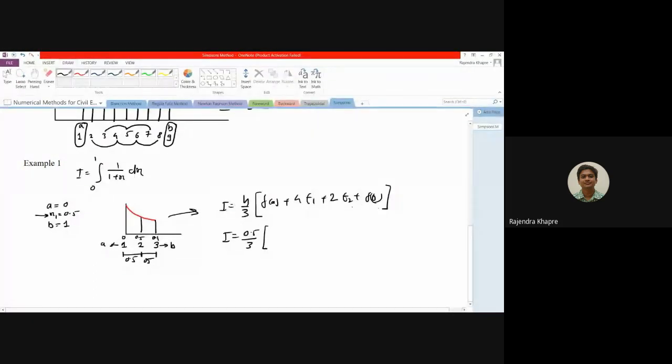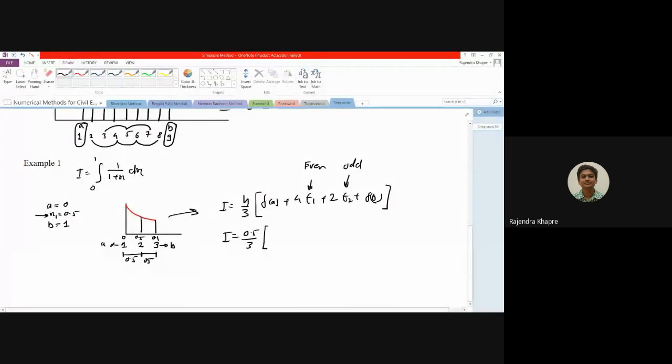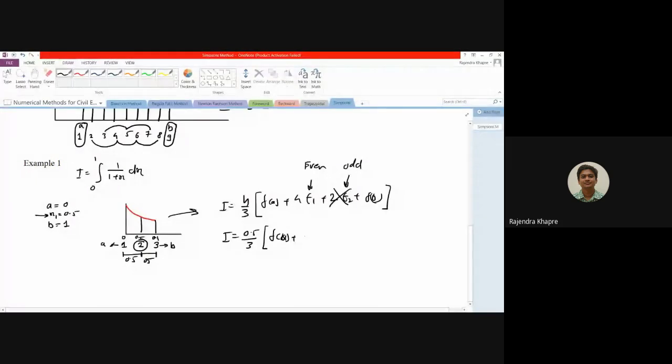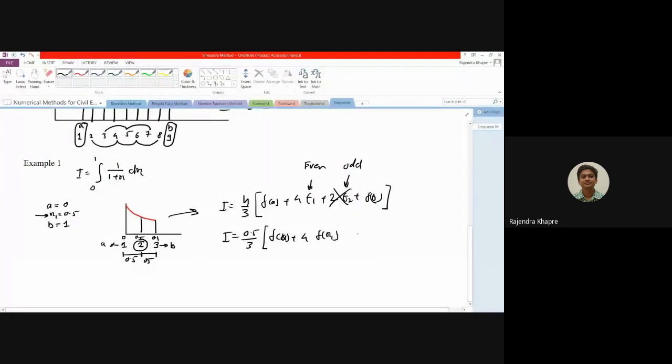Now t1 is your even term, and t2 is your odd term. Here you see there is no odd term, because you have only one interval and this is an even interval. So this expression will be modified as f of a plus 4 times t1, which consists only of f of x1, that is the second point, plus f of b.